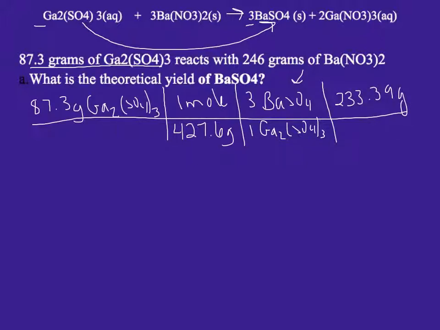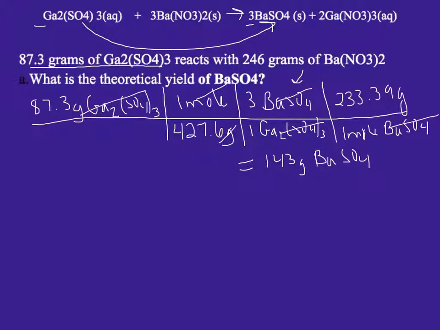So that goes on top, and the 1 mole of barium sulfate on the bottom to be able to cancel out the barium sulfates. Our gallium moles canceled out, and our grams canceled. Okay, if we use our calculator and figure out that answer, we get 143 grams of barium sulfate.